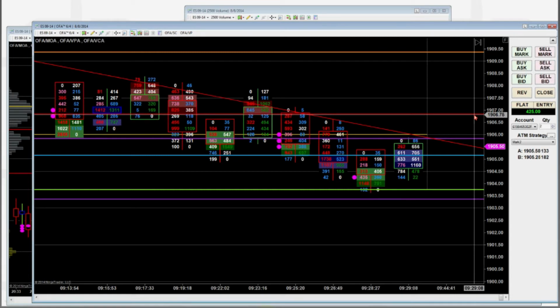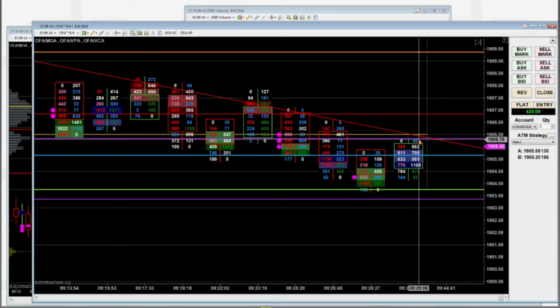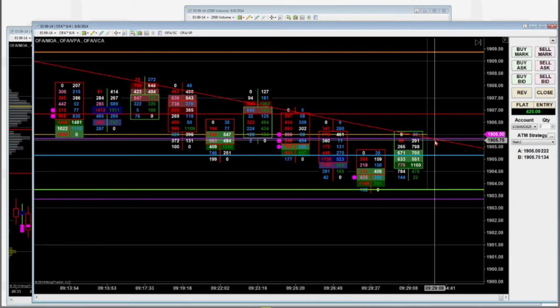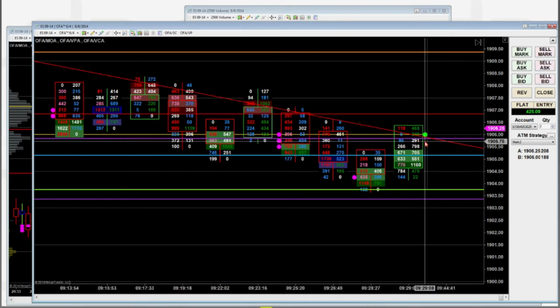Okay, we're closing swing high, weakness, strength at the bid. Now, if you were maybe playing a little bit more risk, then you could potentially take a long here, but it's not my trade.